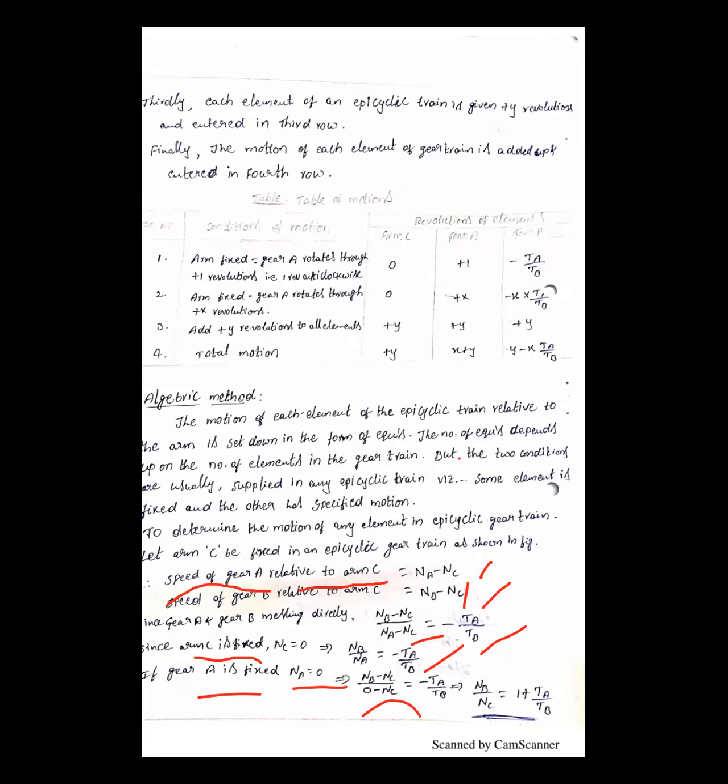Splitting this term, minus NB by NC plus 1 equals minus TA by TB. So NB by NC equals 1 plus TA by TB. This is the speed of the gear.